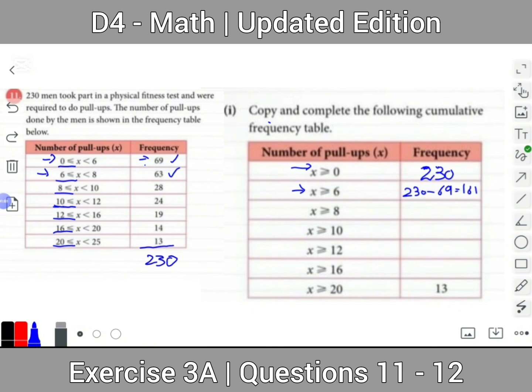Similarly, for more than 8, we will calculate cumulative frequencies from 8 to 25. That is 28 plus 24 plus 19 plus 14 plus 13. And we will exclude 69 and 63. 69 was already excluded, so we will do 161 minus 63, and it will give us the cumulative frequency of 98.